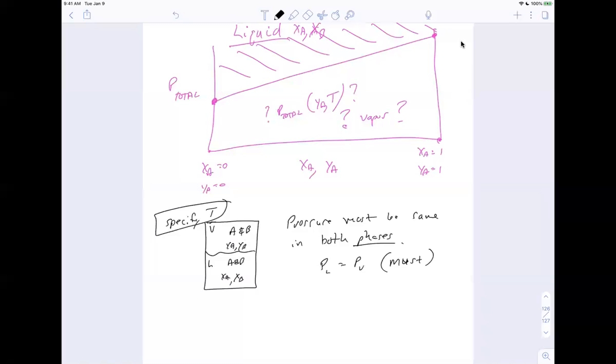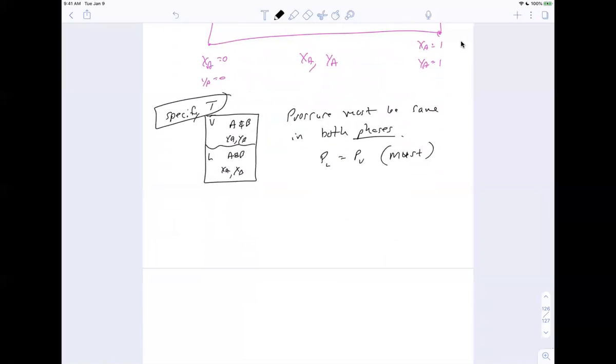So the question we were after last class, okay, is how does the total pressure in the system vary with the liquid and vapor phase composition? Really that's P total.